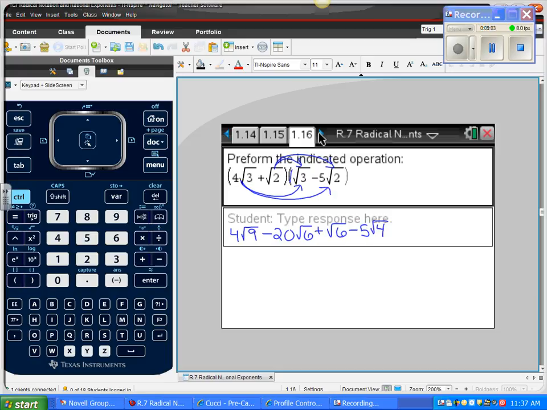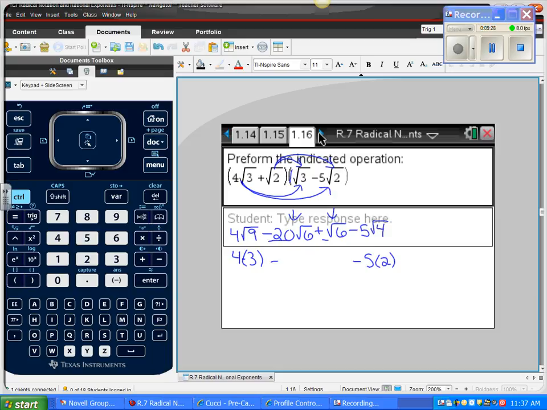From here, we're going to simplify. I know square root of 9 is 3, right? And I know square root of 4 is 2. And then these are what we call like radicals. They have the same index and same radicand, so we can combine their coefficients.